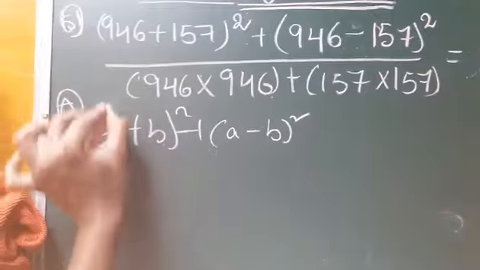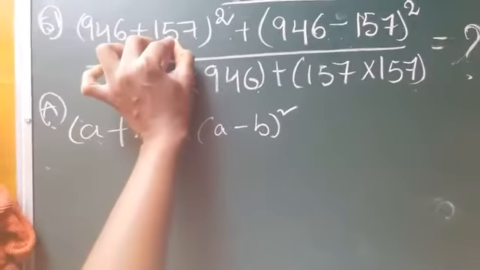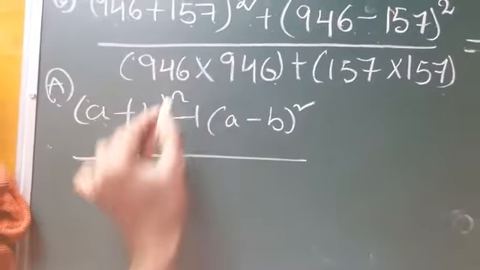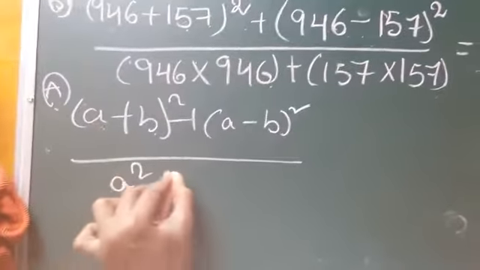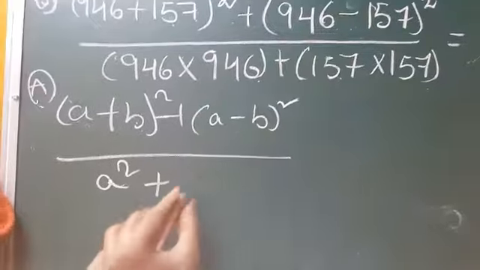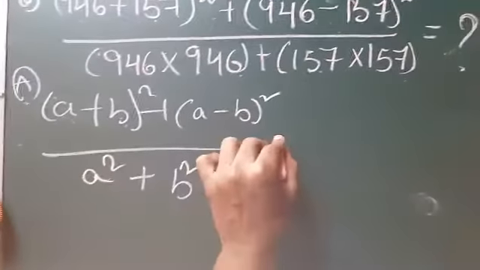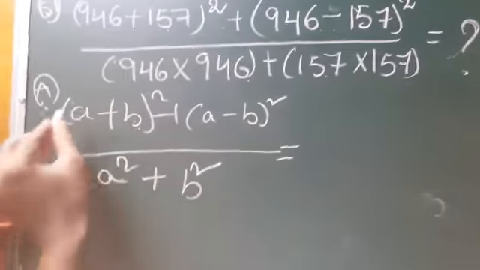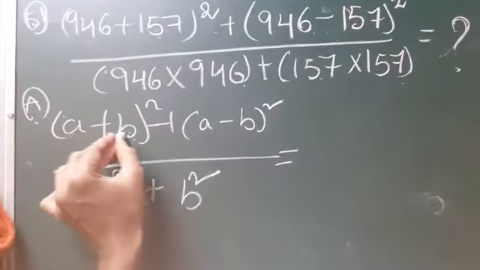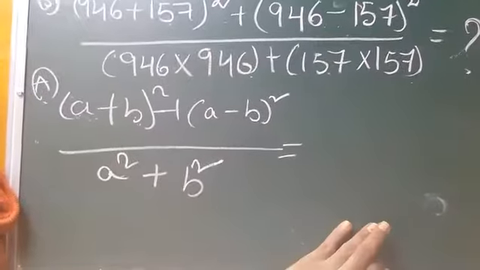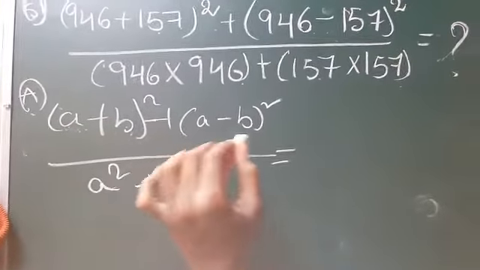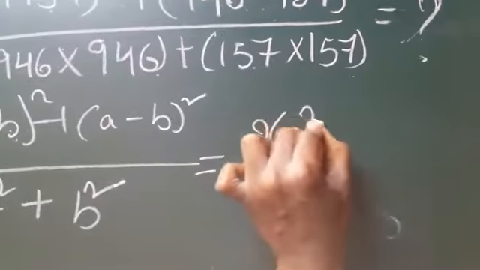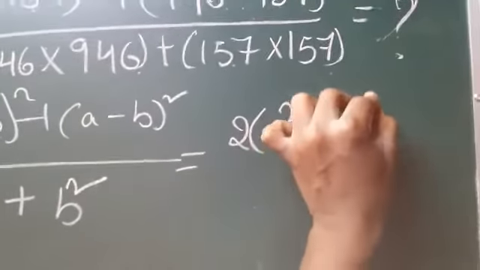When you consider a is 946, b is 157, in the denominator a is 946, that means a square, and b is 157, that is b square. You know the formula: (a + b)² + (a - b)² equals 2 into (a² + b²).